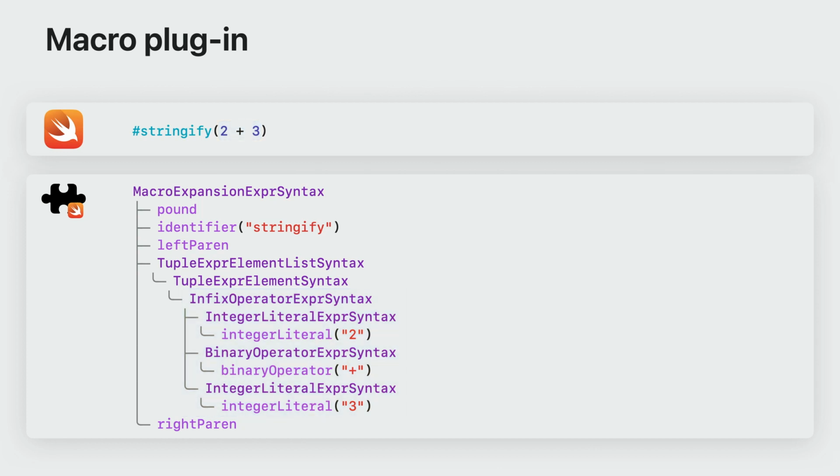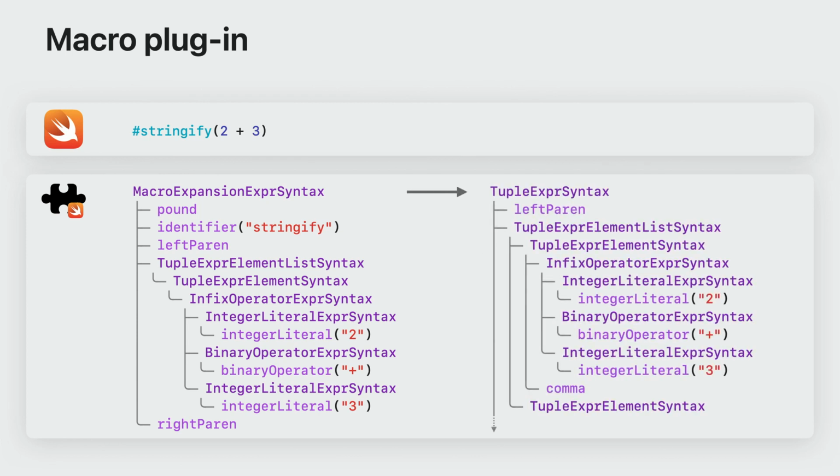What's really powerful about Swift macros is that the macro's implementation is itself a program written in Swift, and it can perform any transformation to the syntax tree that it wants. In our case, it generates a tuple, like we saw before. It will then serialize the generated syntax tree into source code again and send it to the compiler, which will replace the macro expression by the expanded code. That's really cool.